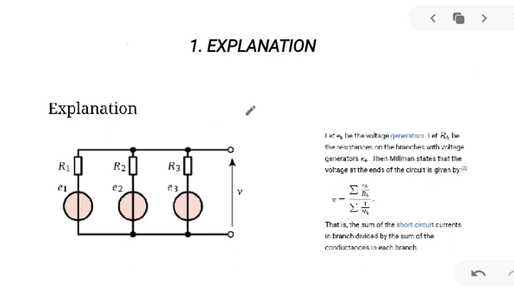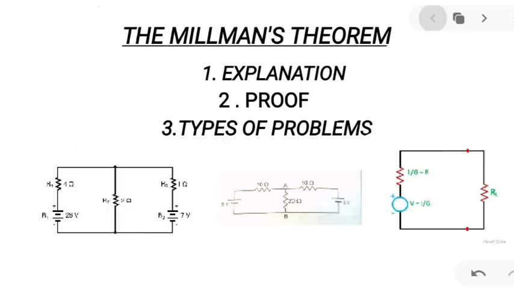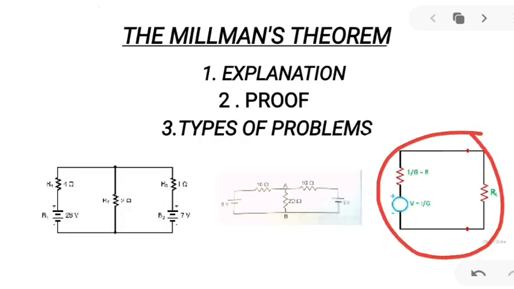If the batteries E1, E2, E3, and so on up to En are connected to resistors R1, R2, R3, and so on up to Rn in parallel connection, then the whole circuit can be represented by one resistor and one battery, like this diagram.